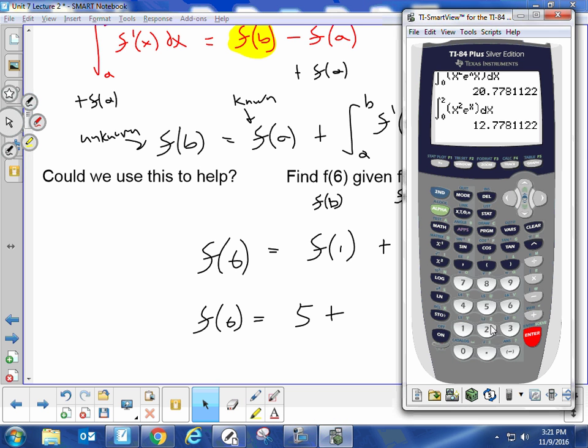All we need to do is 5 plus this, but instead of from 0 to 2, we go from 1 to 6.